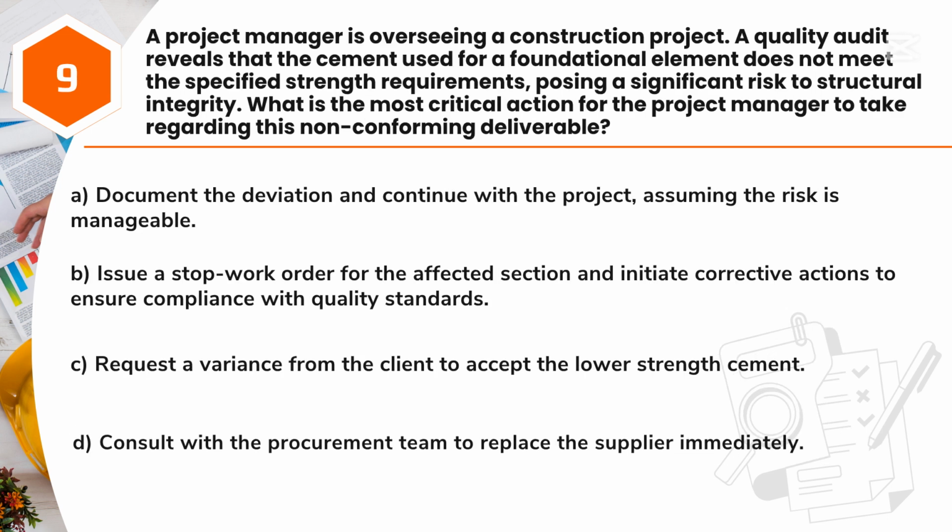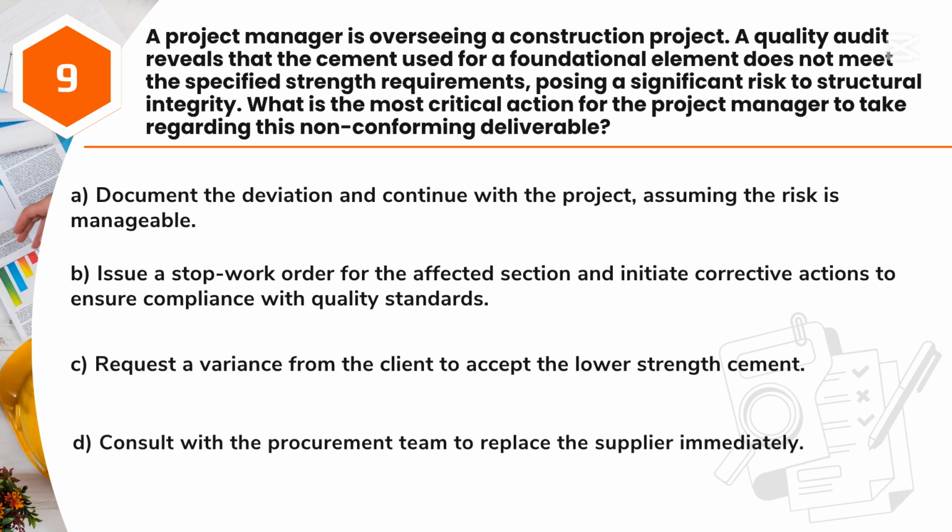Question 9. A project manager is overseeing a construction project. A quality audit reveals that the cement used for a foundational element does not meet the specified strength requirements, posing a significant risk to structural integrity. What is the most critical action for the project manager to take regarding this non-conforming deliverable?